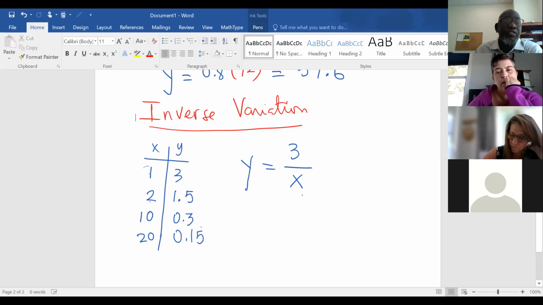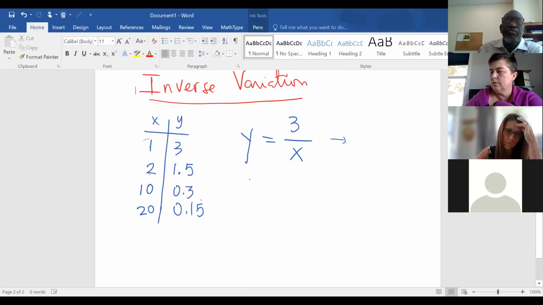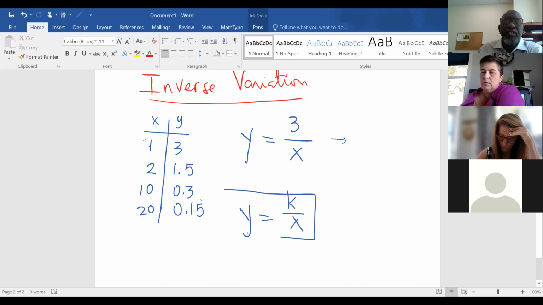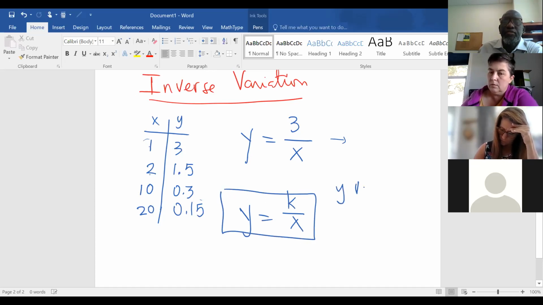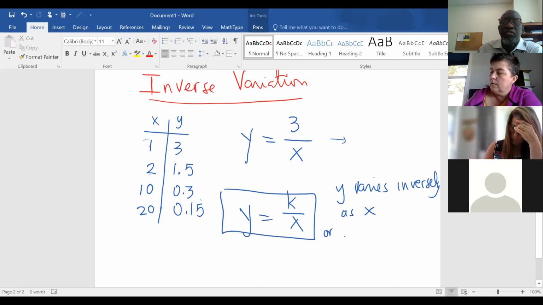Inverse variation. And here, the 3, which is a K, happens to be X times Y, right? So X times Y is constant, is 3. So when you say Y equals K over X, we say that Y varies inversely as X, or Y and X are inversely proportional.